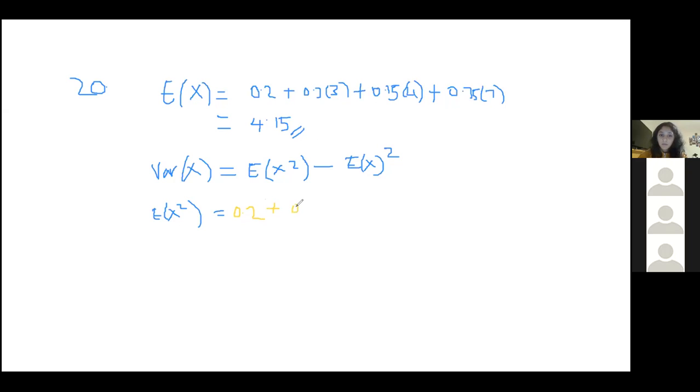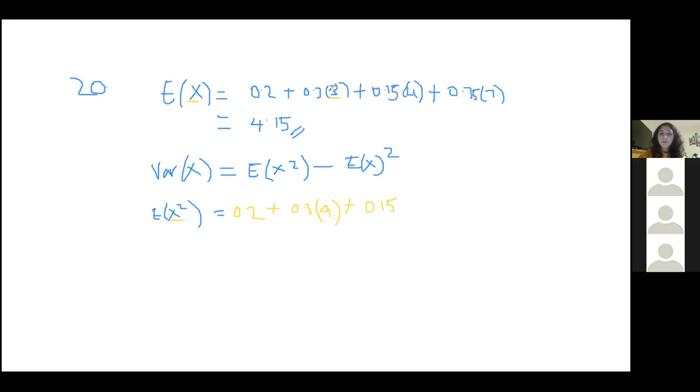And then we have 0.3, but remember, we're not timesing by x anymore, because if we were to times by x, we'd take 3, but we're timesing by x squared, so we need 3 squared, which is 9. And then we have 0.15. So the probability does not change. So don't square the probabilities, just square the x, because we're trying to find the expectation of x squared.